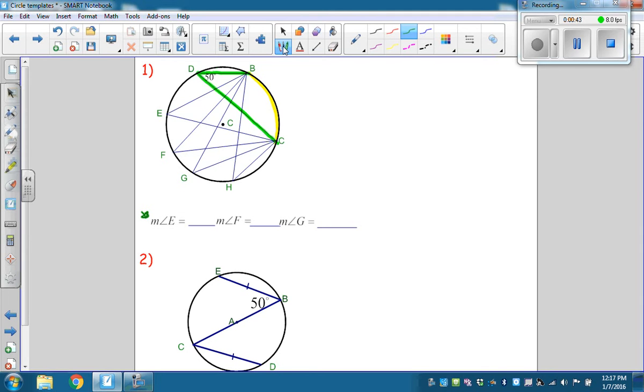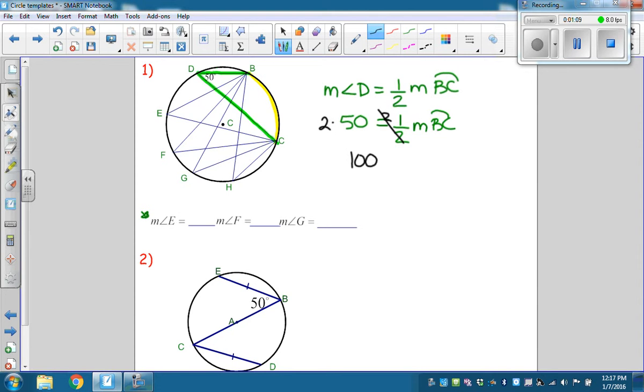We know that the measure of an inscribed angle, in this case D, is always equal to half the measure of its intercepted arc, which is arc BC. So the measure of angle D has to be half of BC, and we know that this is 50. If we multiply both sides by 2, we get that the measure of BC is equal to 100 degrees.